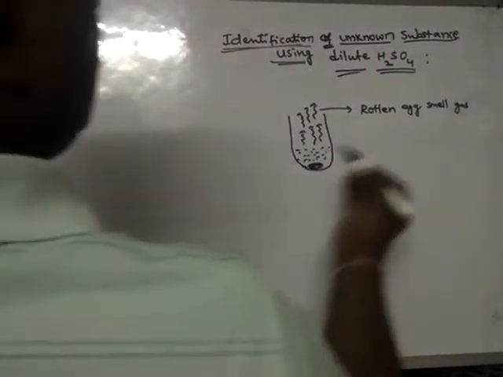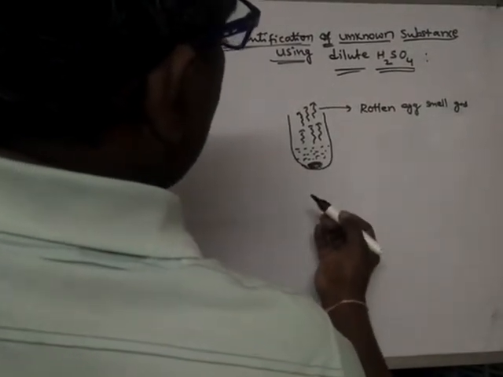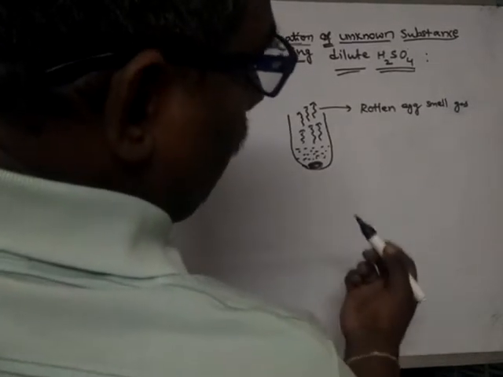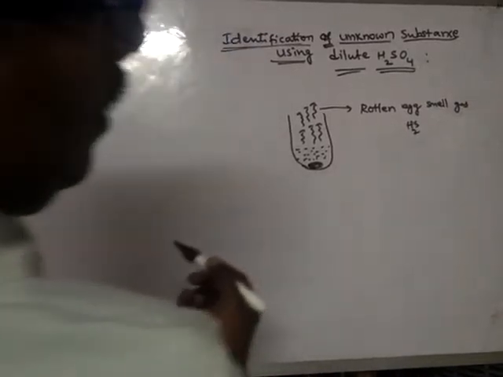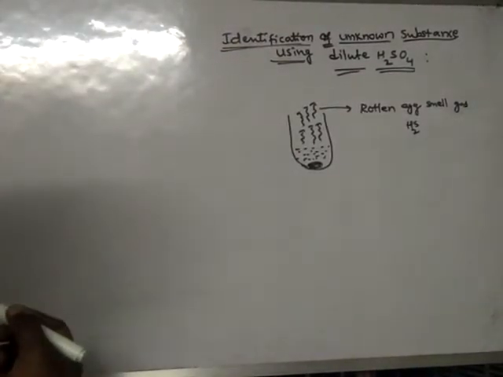So which gas smells like rotten egg? Already we know that H2S is the gas which produces rotten egg smell.